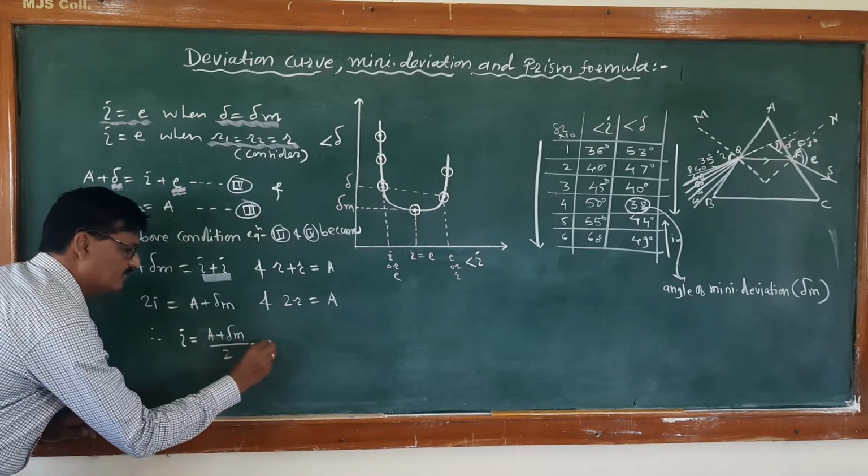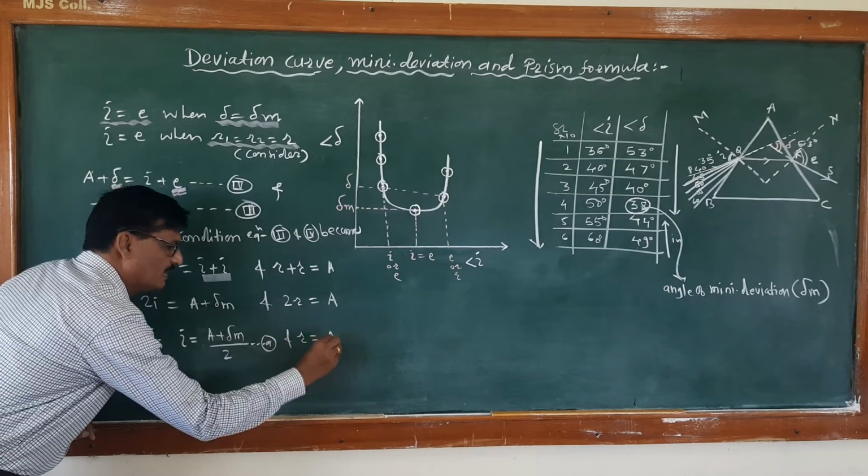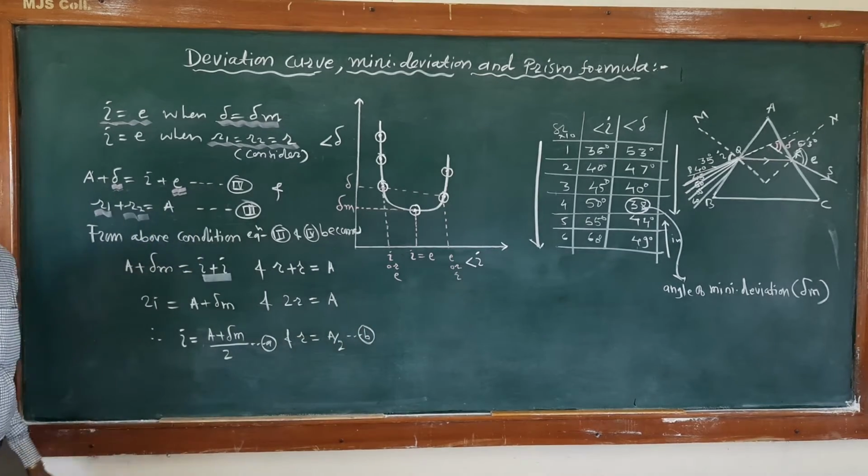I call this equation small a, and R is equal to capital A by 2. This is my small b equation.